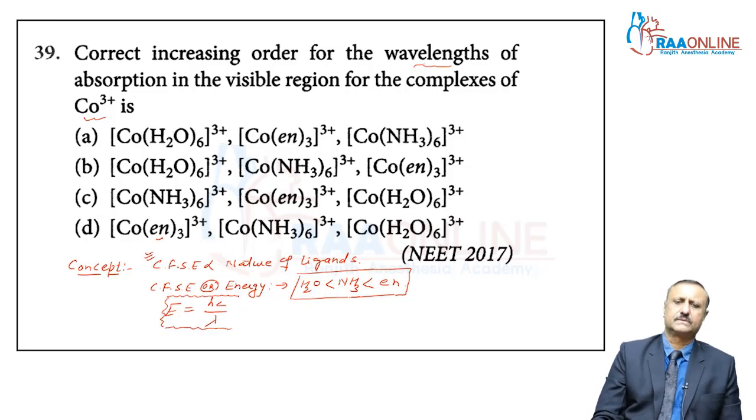When energy is inversely proportional to wavelength, it means higher energy gives lower wavelength. So you get the order of wavelength: en is lower, then ammonia, and then water.